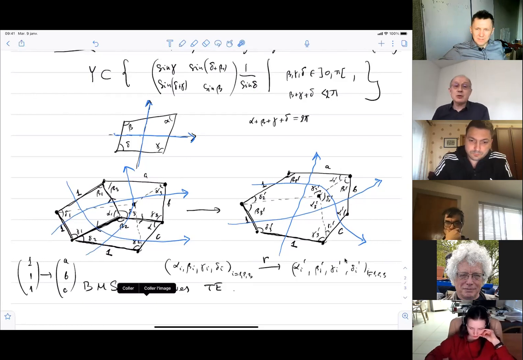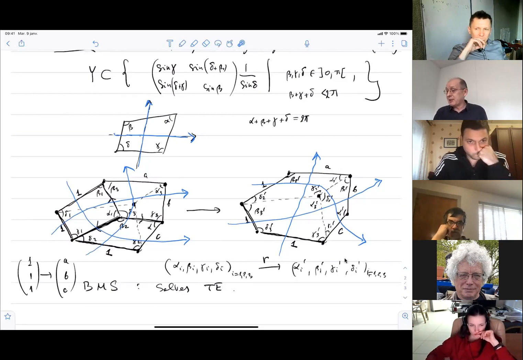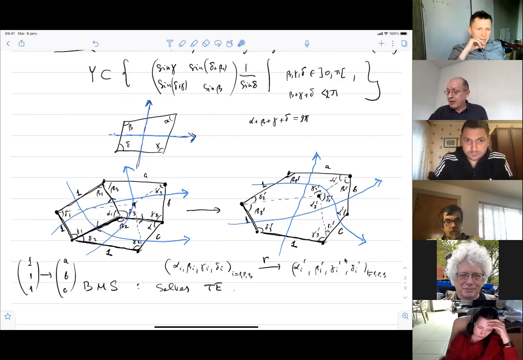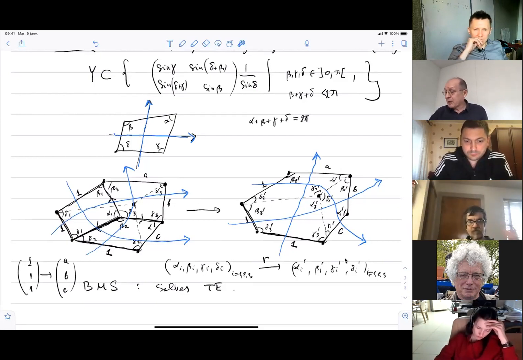And this also makes it clear why this geometric identification of angles solves the local Yang-Baxter equation, simply because 2 matrices act in the same manner. But of course, instead of ones, you can pick any triple of lengths, and the same conclusion will be verified.